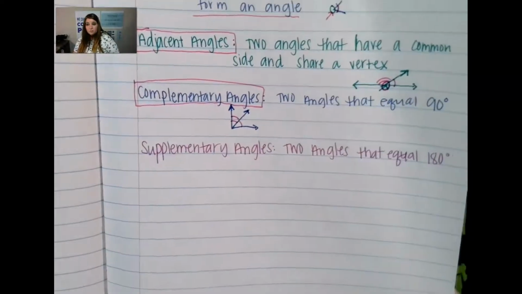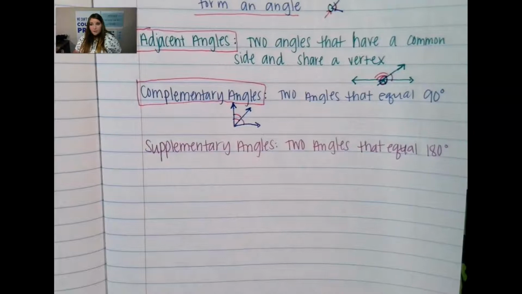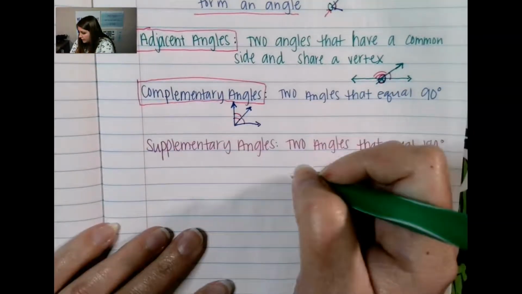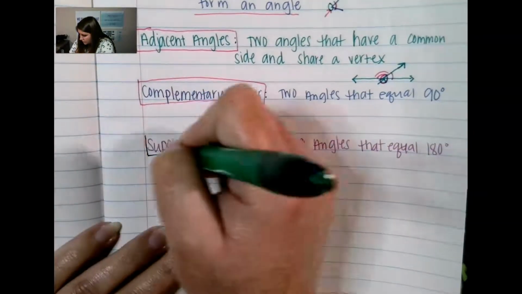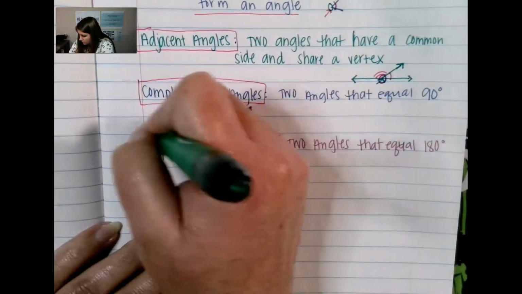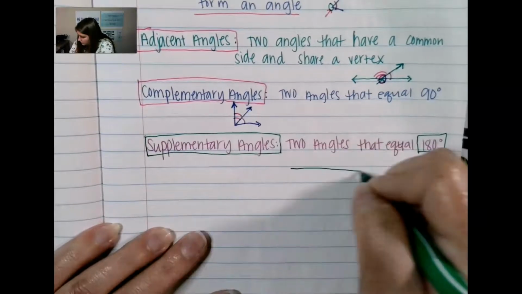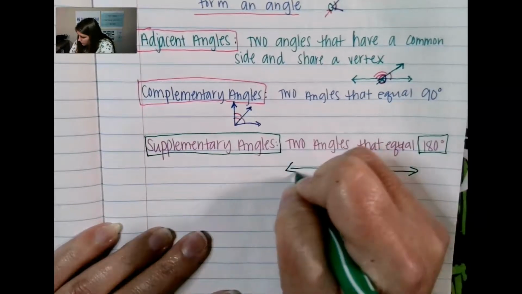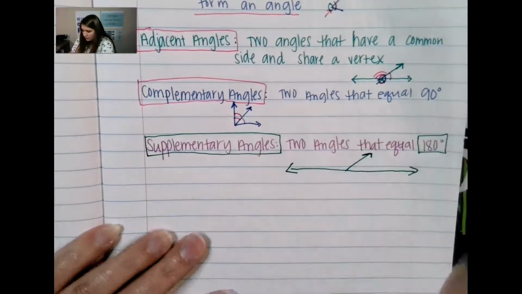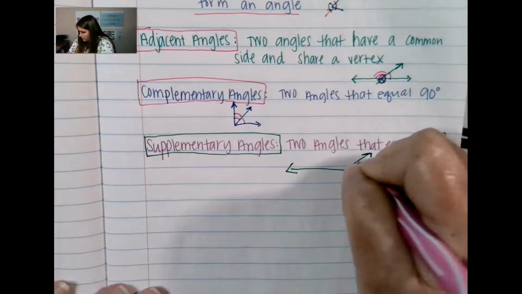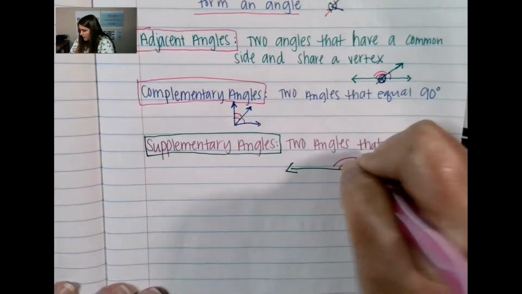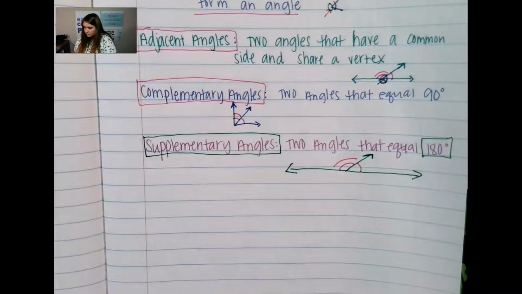They would make a straight line here. So here we've got this, and an angle coming off of here. Here's this, and they equal 180.